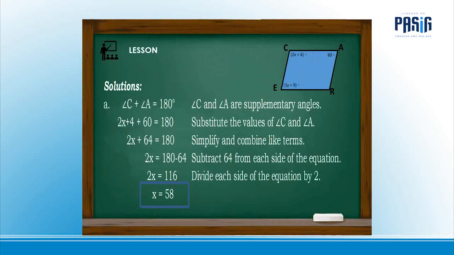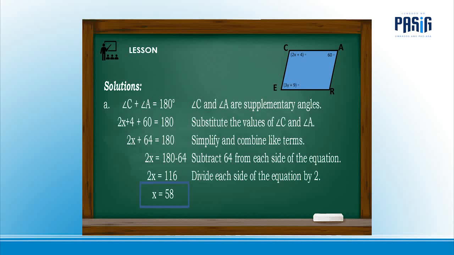Solutions for letter A to find the value of x. Angle C and angle A are supplementary angles. So angle C plus angle A is equal to 180 degrees. Then substitute the values of angle C and angle A, in which 2x plus 4 plus 60 is equal to 180.